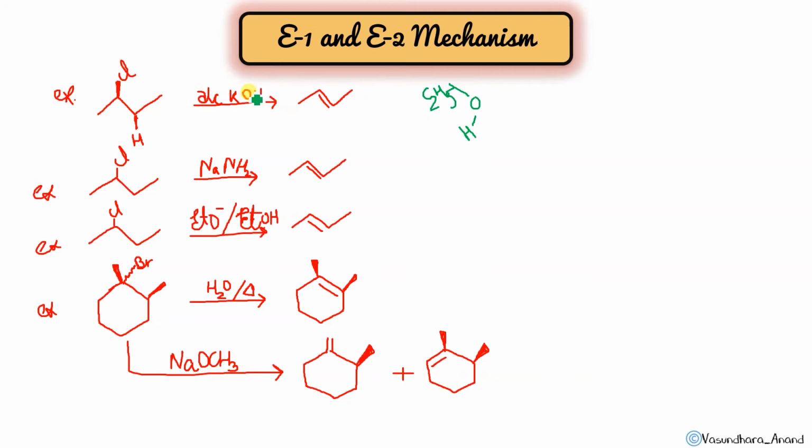So this OH group, due to the bulkiness of C2H5OH, will act as a base, not the nucleophile, because a nucleophile should be less crowded. But this one is crowded, yes, because of the C2H5 bulkiness. Did you get that? Yes.